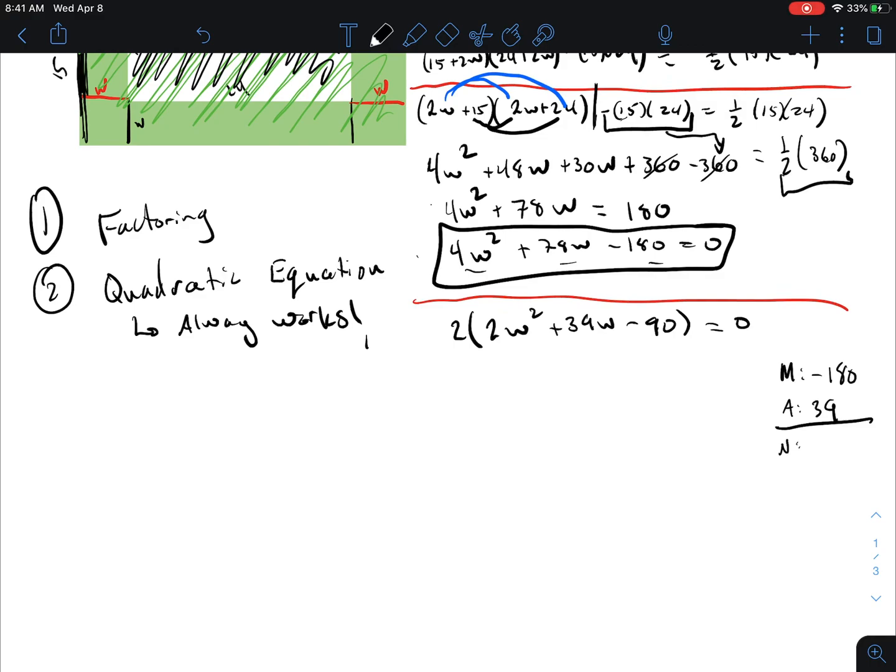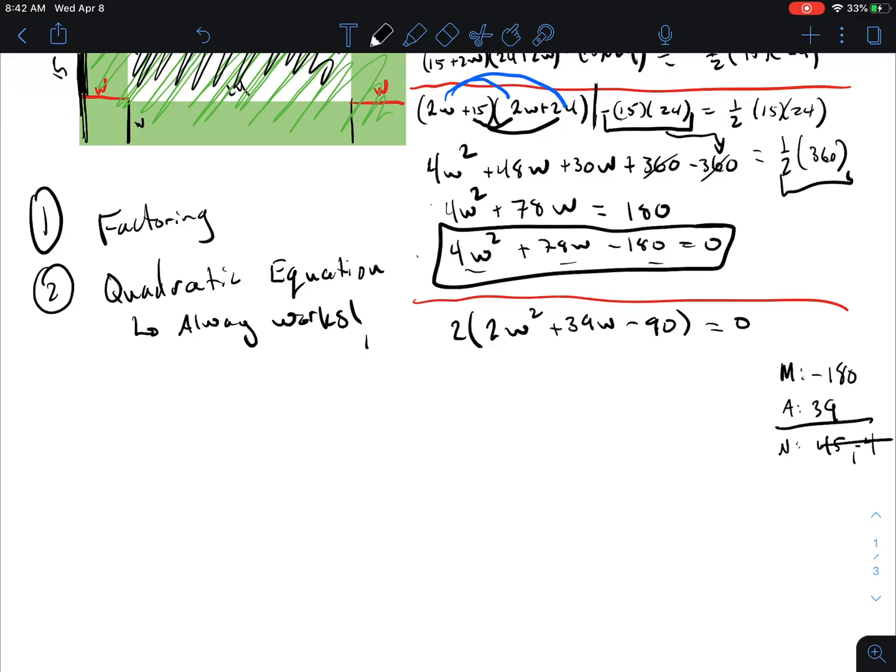But still not going to add to 39. Because if I made 45 negative, that's not going to work, right? So 45 and 4, if I made this negative, that's still going to be 41. That's not going to work. So those don't work. Let's go to the next one.